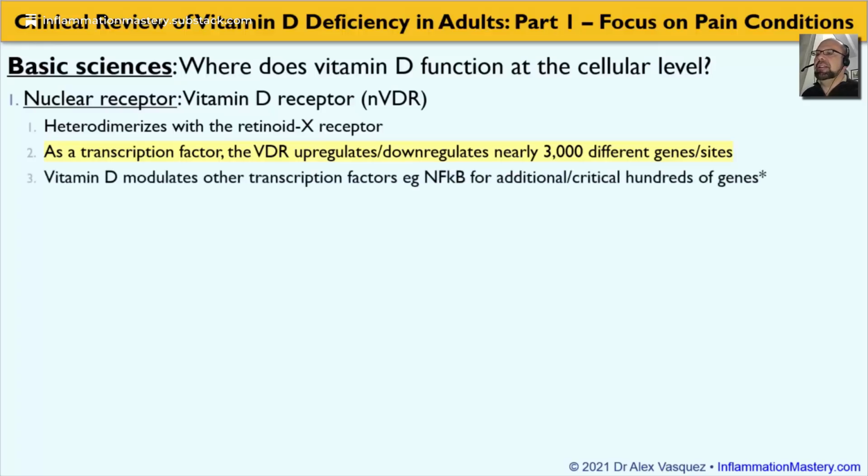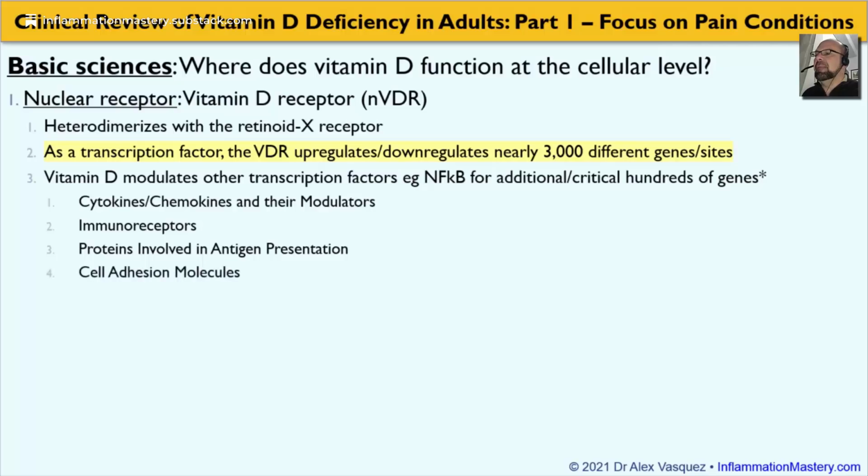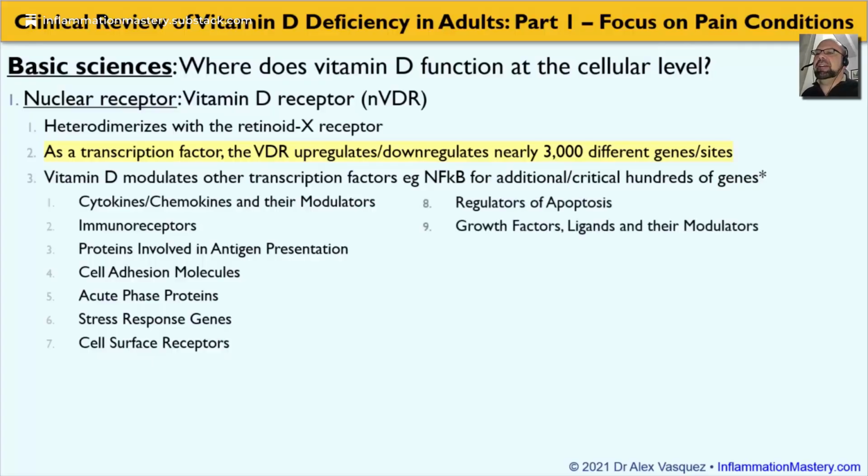Vitamin D also modulates other transcription factors such as NF-kappa B, which, as most of you know by now, is absolutely critical for the transcription of hundreds of genes, especially those related to inflammation and immunity.